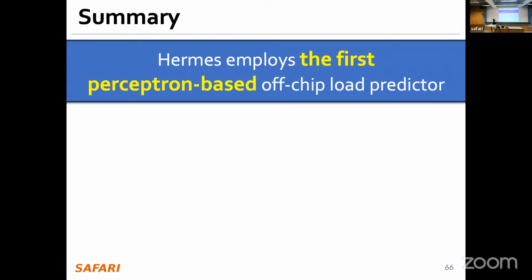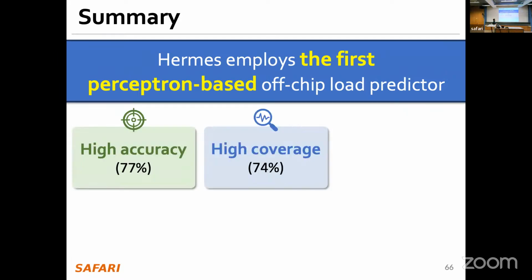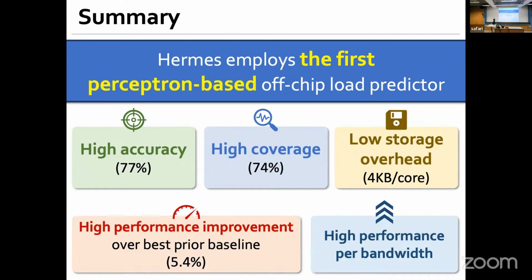So in the end, we proposed the first Perceptron-based off-chip load predictor that has decently high accuracy, high coverage, low storage overhead, as well as high performance benefit over the baseline, and high performance benefit per bandwidth also, which we just showed. But that said, I still believe that this accuracy and coverage is not good enough to be implemented as is in a product itself.